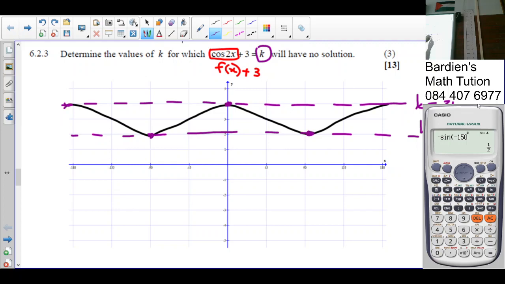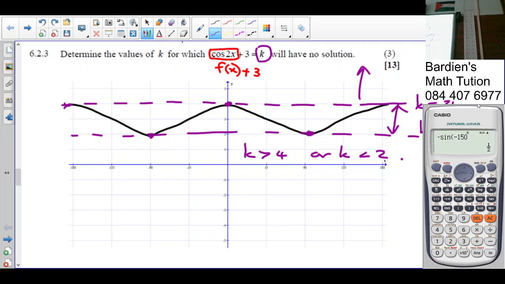So anywhere between these values of 2 and 4, it will have roots, in other words. It will have solutions. Whereas k has to be greater than 4, or k has to be less than 2. So k must be greater than 4 or k is less than 2.